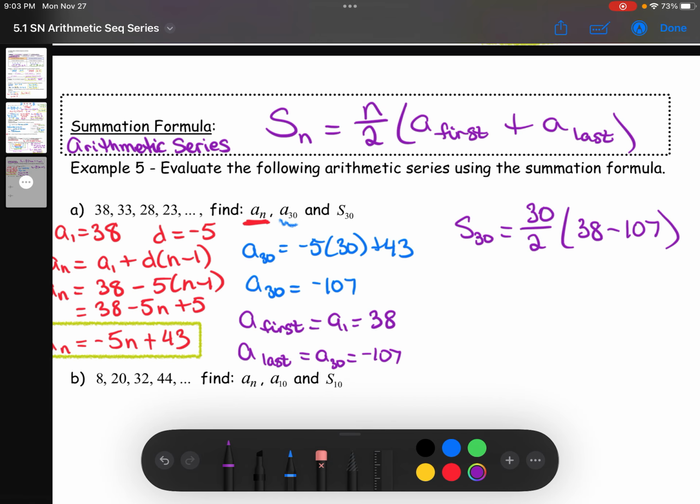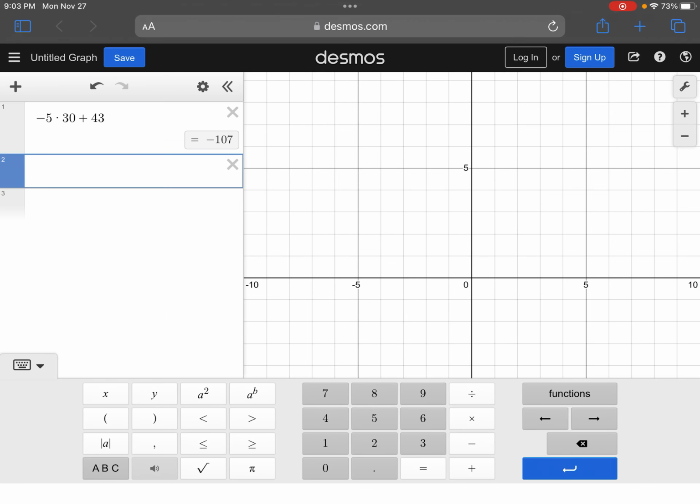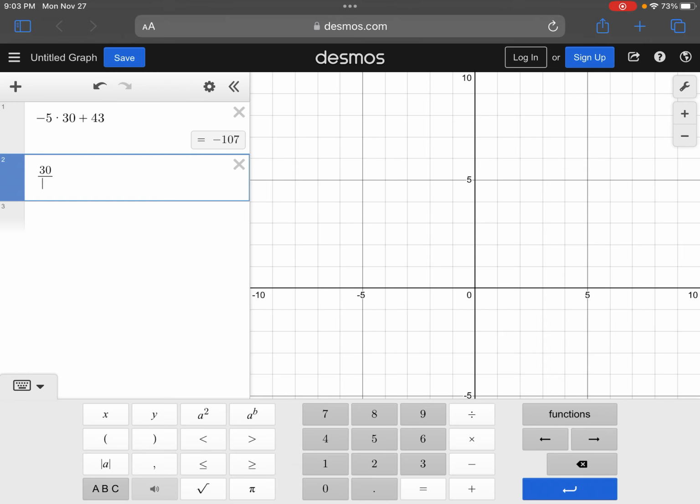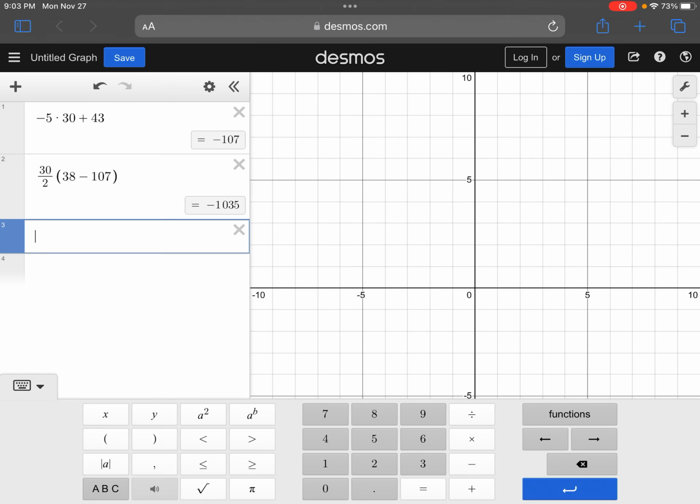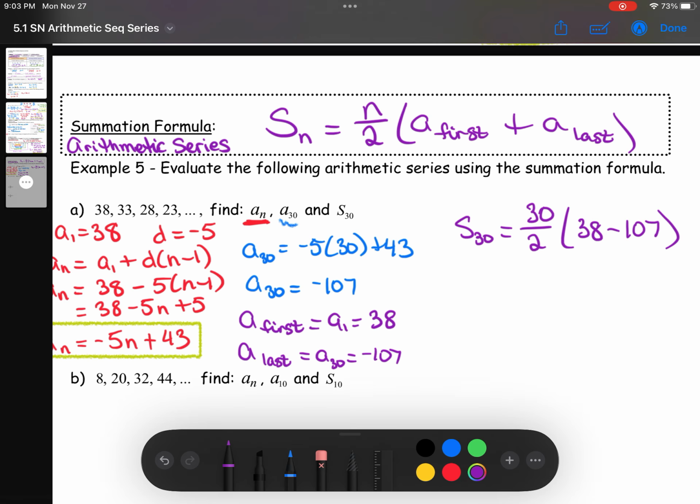So 30 over 2 times 38 minus 107. Put all this in the calculator at one time and let it give you an answer. So negative 1,035. So the sum of those 30 terms is negative 1,035.